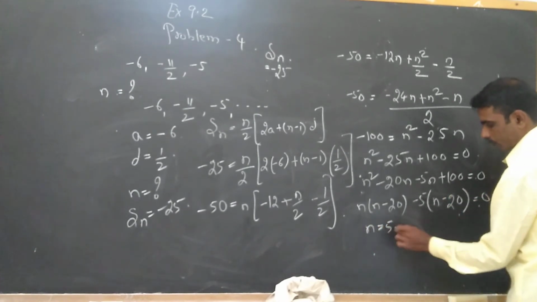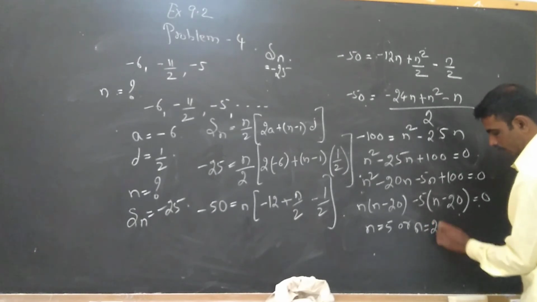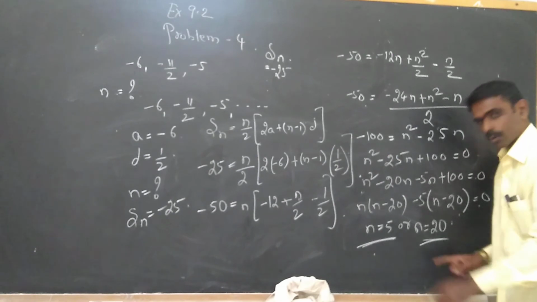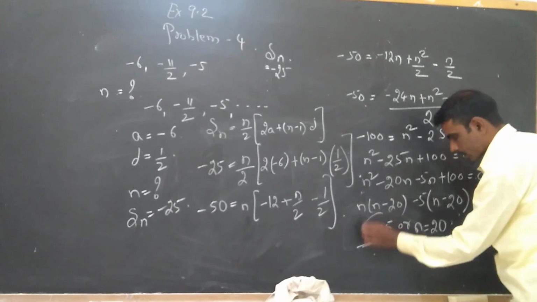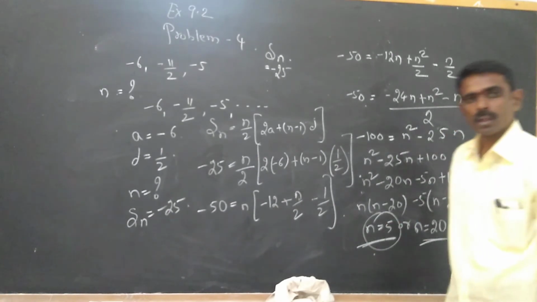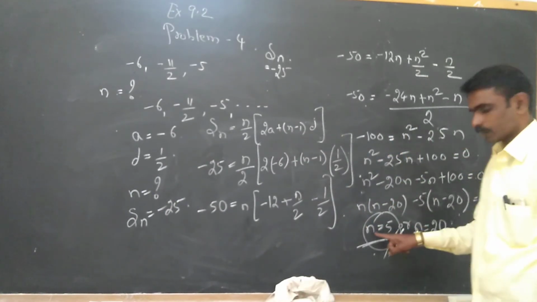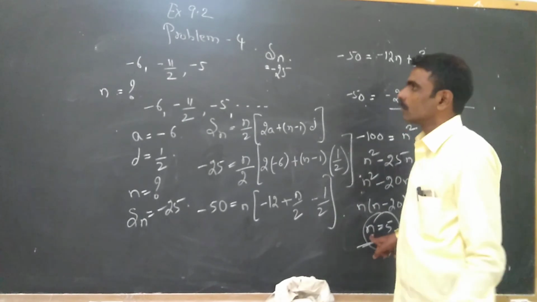So n is equal to 5 or n is equal to 20. Both are positive, so the nearest term, the first term, is what we are going to consider here. So the value of n here is 5.